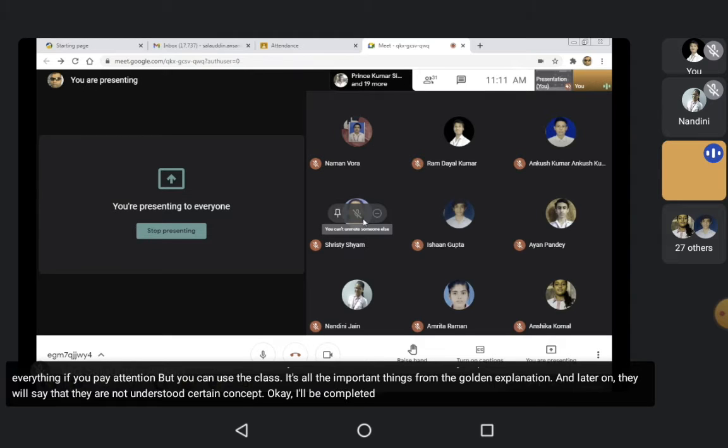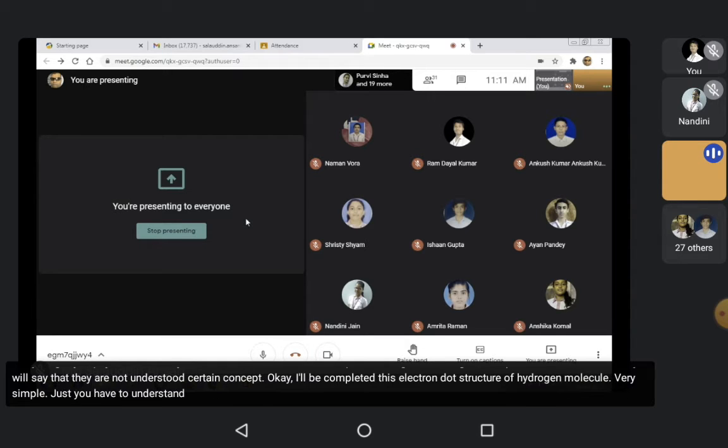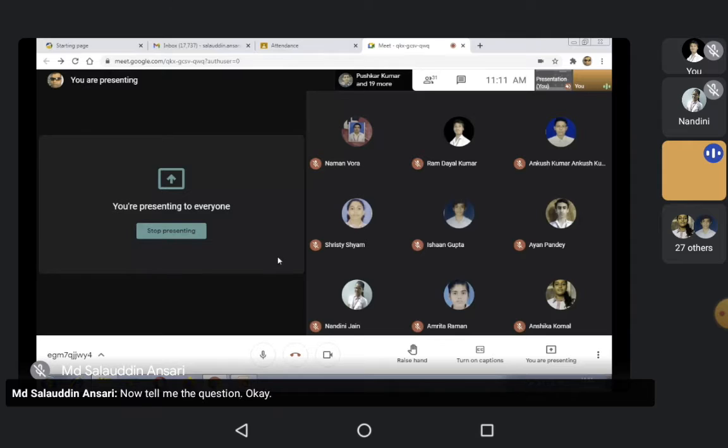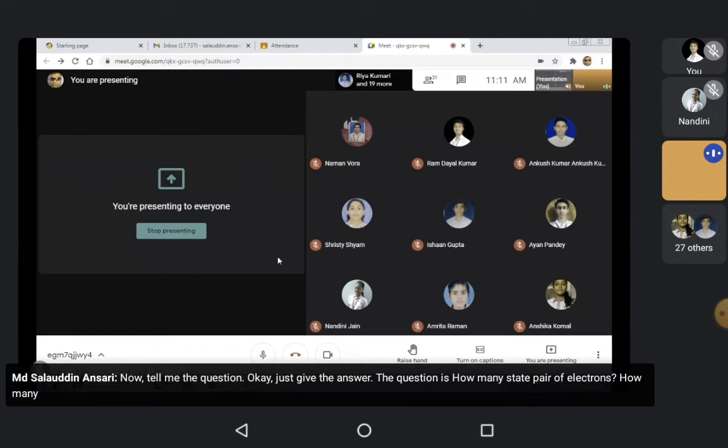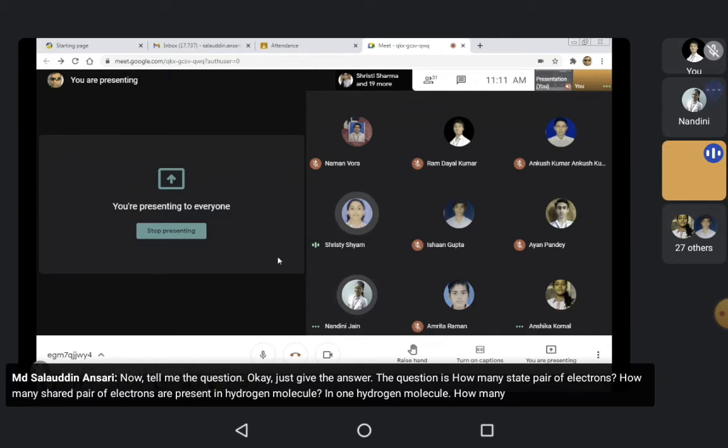Okay, have you completed this electron dot structure of hydrogen molecule? Very simple. You just have to understand the steps. Now, tell me the answer to the question: how many shared pairs of electrons are present in one hydrogen molecule?